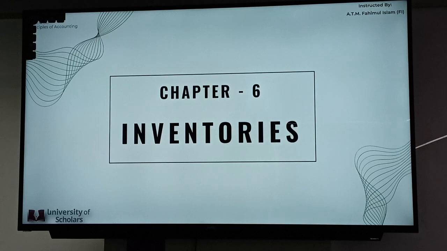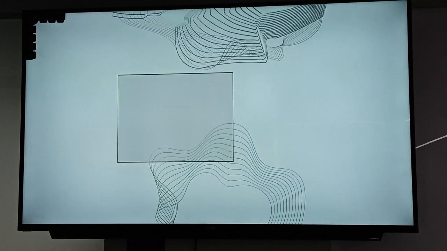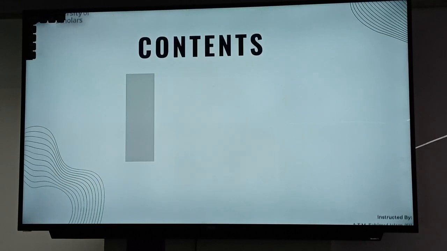Before diving into today's topic, let's talk about what we have learned till today. The first topic we have learned was classifying inventories, either merchandising inventory or manufacturing inventories. There are some basic differences between them.